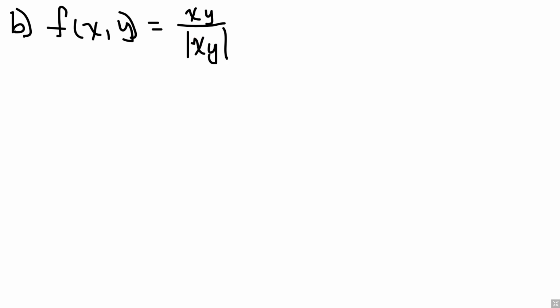All right, so for the next one, we have f of (x, y) equal to xy over the absolute value of xy. The first thing we're going to do is let y be equal to something. Keep in mind that we want to choose it in such a way that we're able to get rid of x.